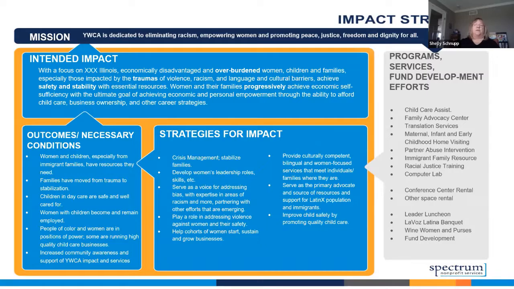What I like about the impact strategy document is that it can provide a good summary of the organization overall and the organization's impact. And I'm a fan of logic models. There are certainly different types, but I tend to use them for programs.